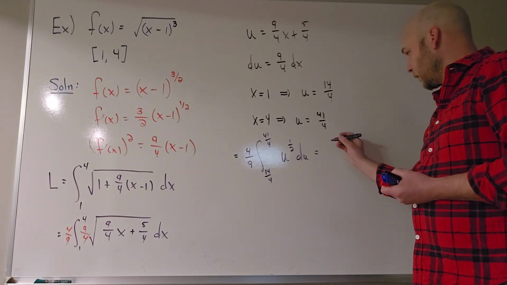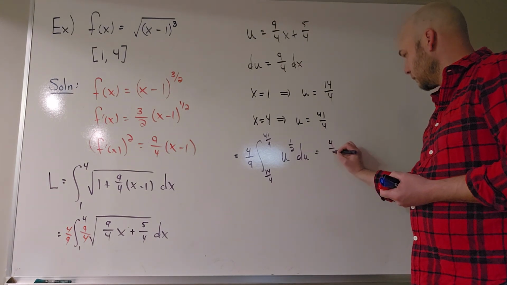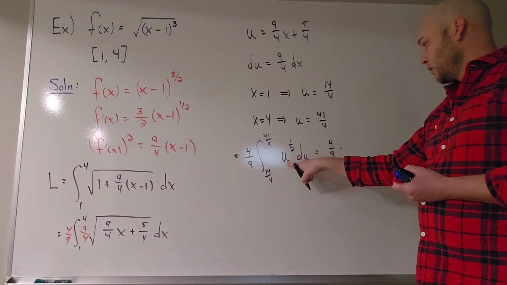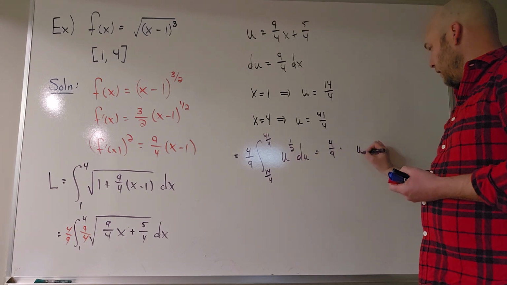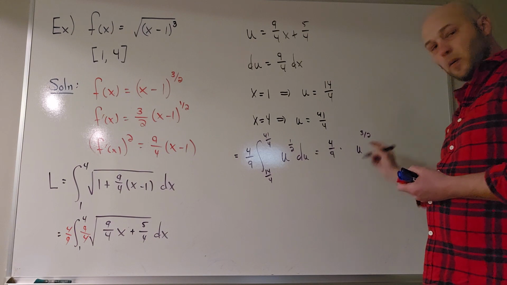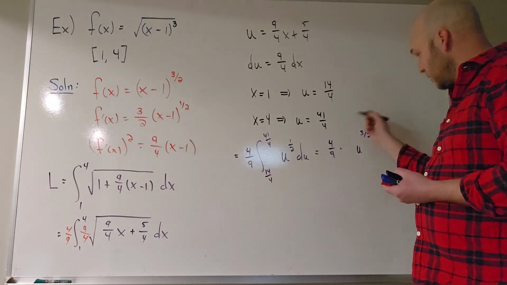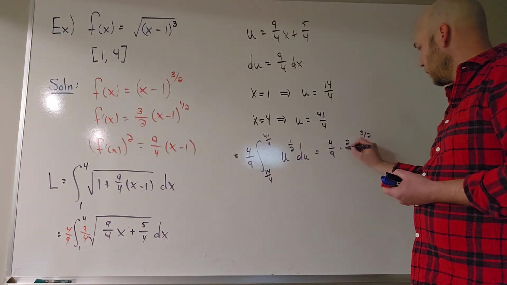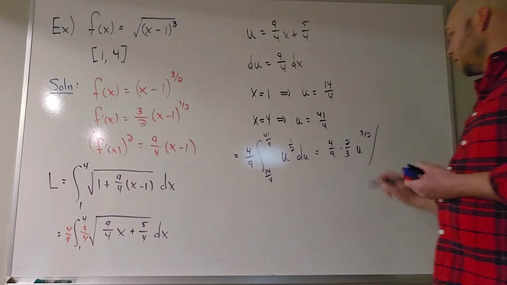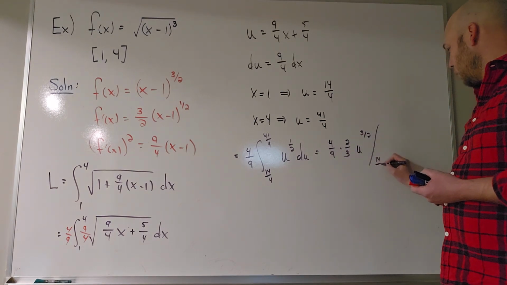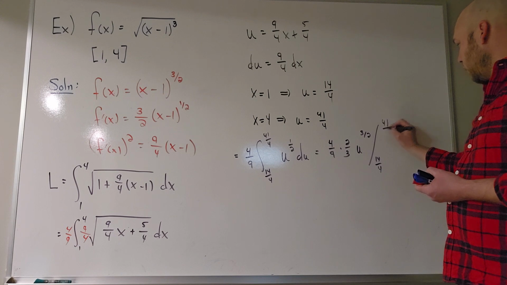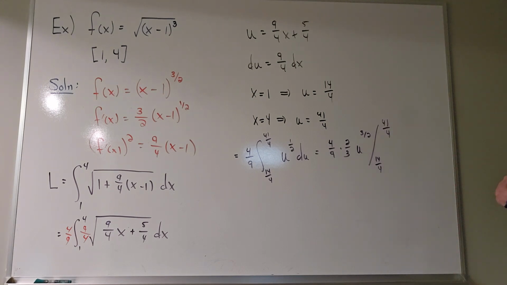And so then I would have 4/9, and then the antiderivative of u to the 1/2: increase the exponent by 1, multiply by the reciprocal of the increased exponent, which would be 2/3, and then I'll evaluate that from 14/4 to 41/4, and we just keep getting more and more fractions there.